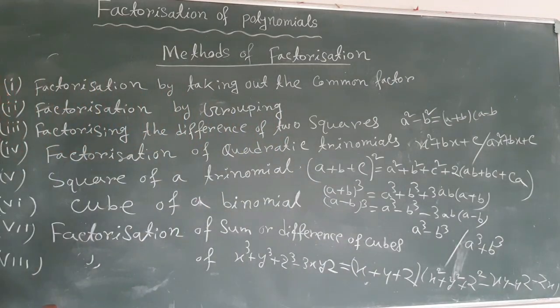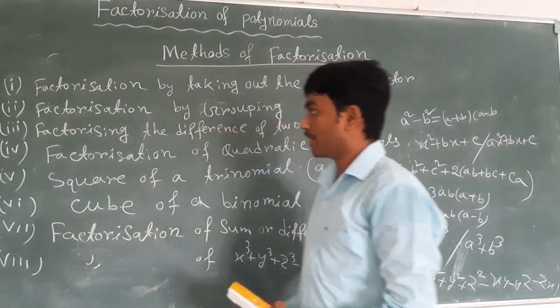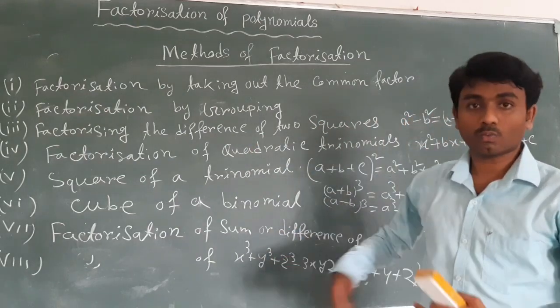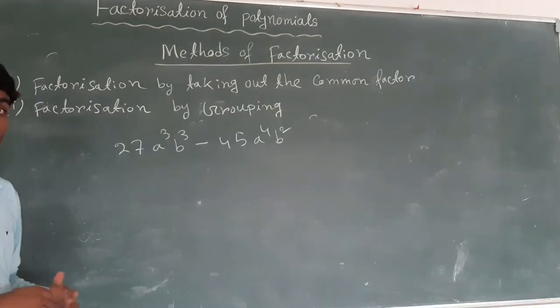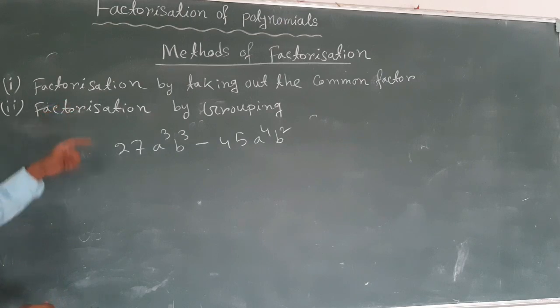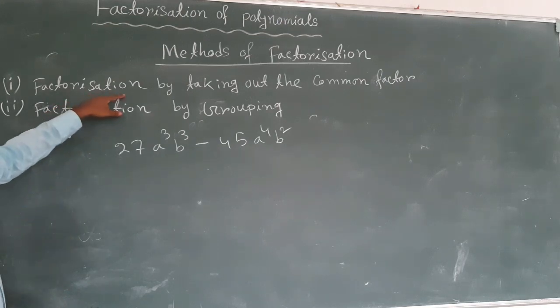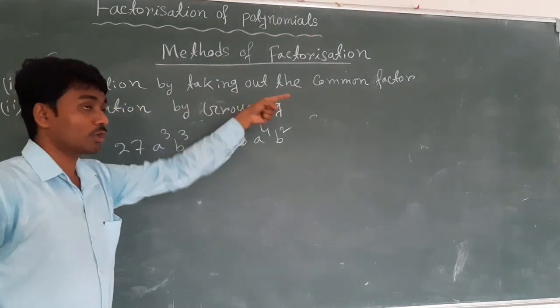In this video, we discuss the first two methods, and in the next upcoming video, I explain all the methods one by one. Now I explain the first method, factorization by taking out common factor.